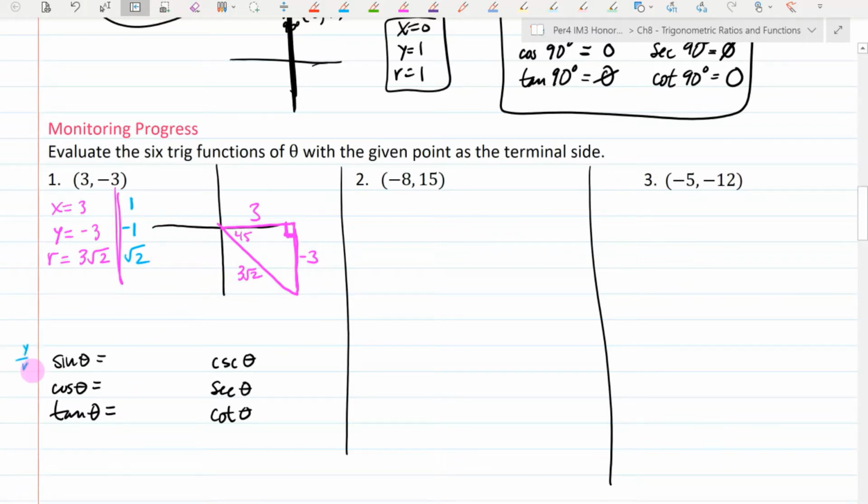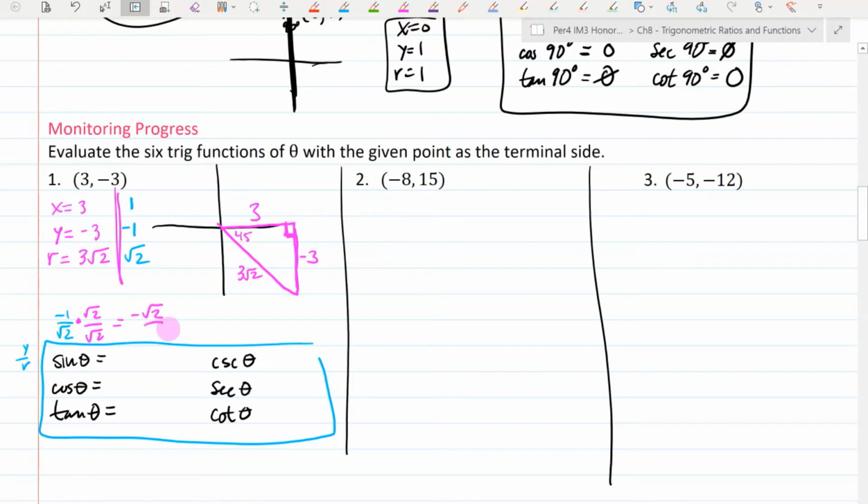So this is y over r, -1 over radical 2. We don't want the radical on the bottom, so -1 over radical 2, we would have to multiply top and bottom by the square root of 2, so you would get negative radical 2 over 2.